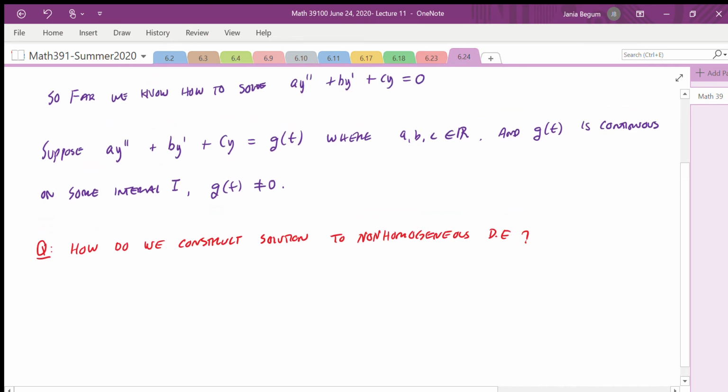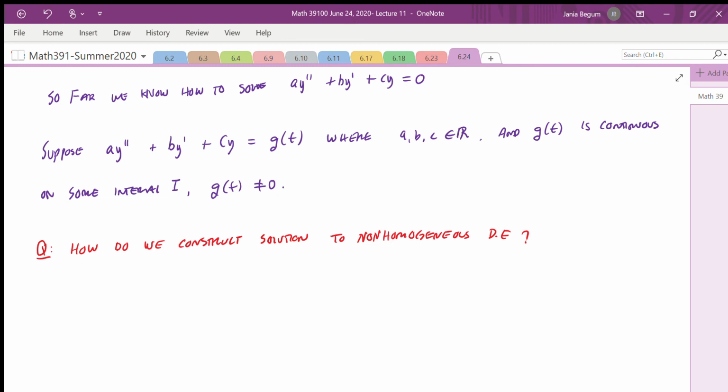Here's how we're going to do it. We're going to use the method of undetermined coefficients. Let me give you the steps for how the method works, and then I'll explain it through some examples for different scenarios for g of t, and then I'll give you an outline of how to pick your solution if g of t is such and such function.